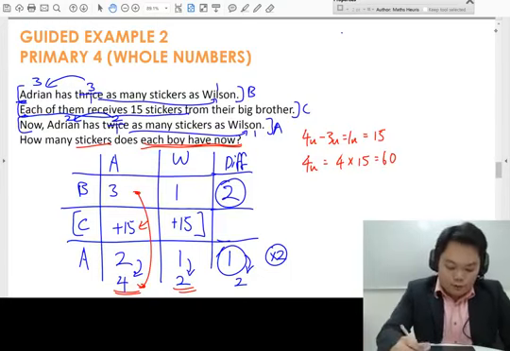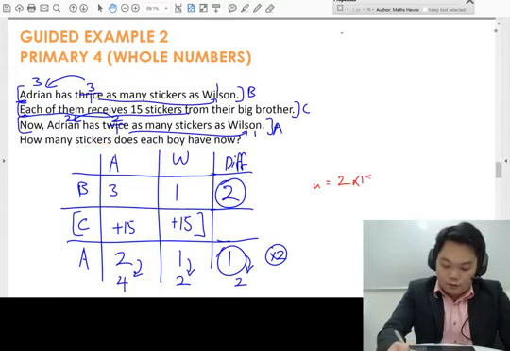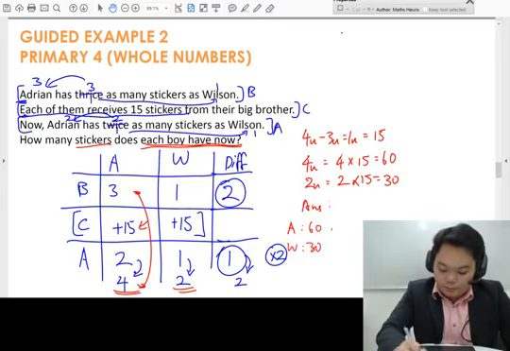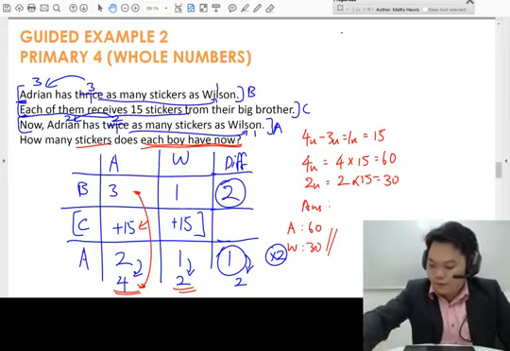Then for Wilson, there will be 2 units, which is 2 copies of 15. Then that will be 30. So the final answer here is Adrian 60, Wilson 30. So did you all get that?